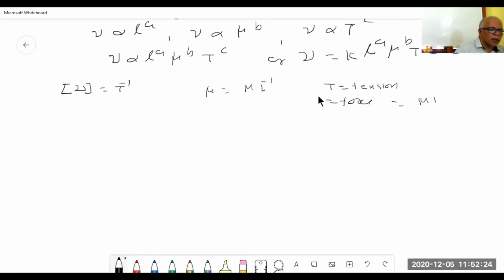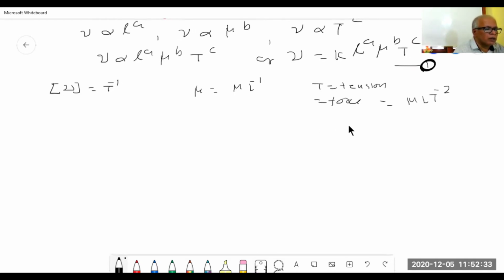Put these values in equation 1. So what will I get? Nu is m raised to 0, L raised to 0, T raised to minus 1, equal to K, which has no dimension.